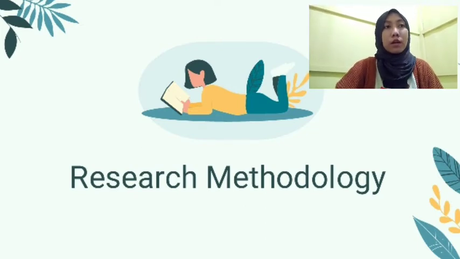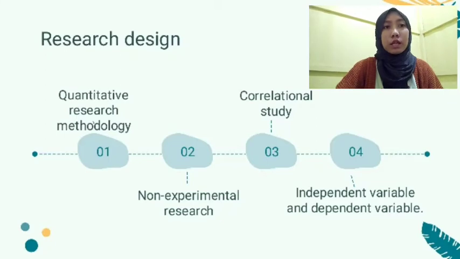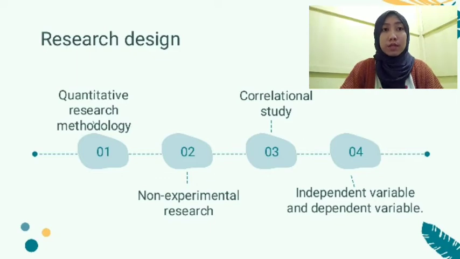In my research methodology, there is a research design. This research will be designed in quantitative research methodology, which is a kind of non-experimental research, and the data will be analyzed in a correlational study.